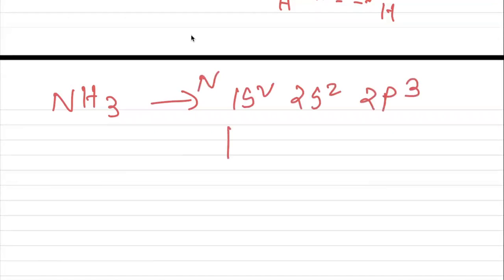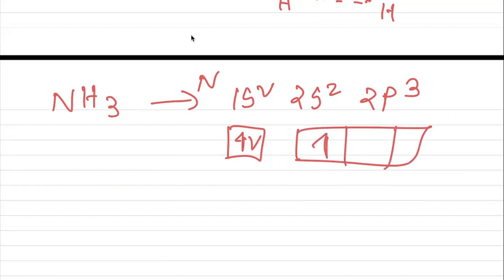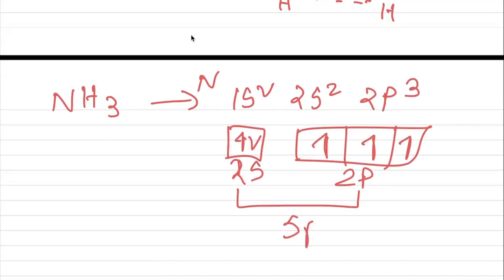So here, if I draw this one, this 2s and 2p orbital intermix with each other and form sp3 hybridization. Now here you can see one lone pair is available.